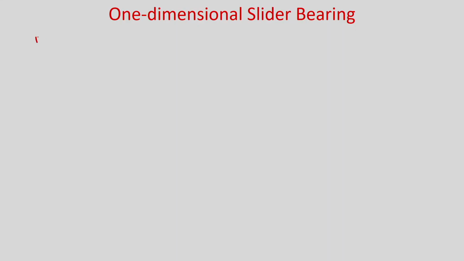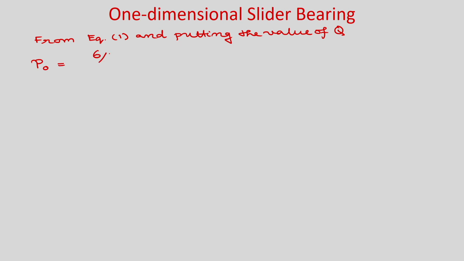So, from equation 1 and putting the value of q, we can now write p naught is equal to 6 mu u by alpha h1 minus 6 mu u by alpha h1 square and put the value of q, h1 h2 divided by h1 plus h2, plus c. Okay. So, this u we have already written here.